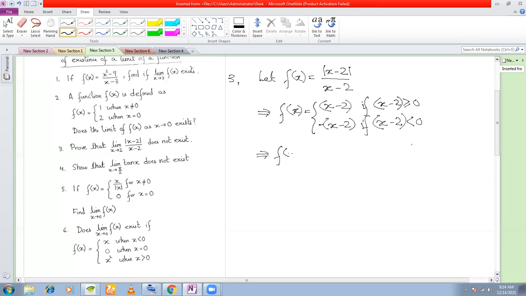Now f(x) is equal to x minus 2 if x is greater than or equal to 2.